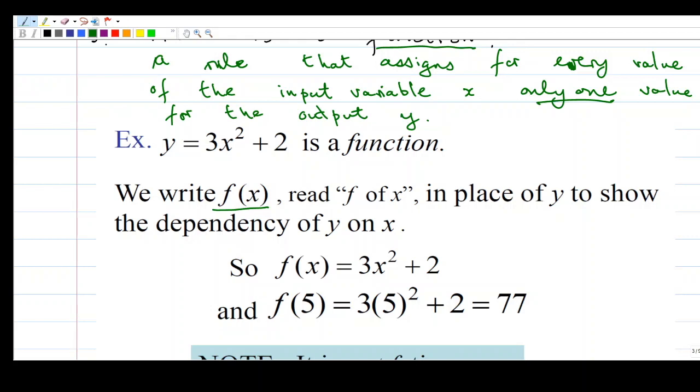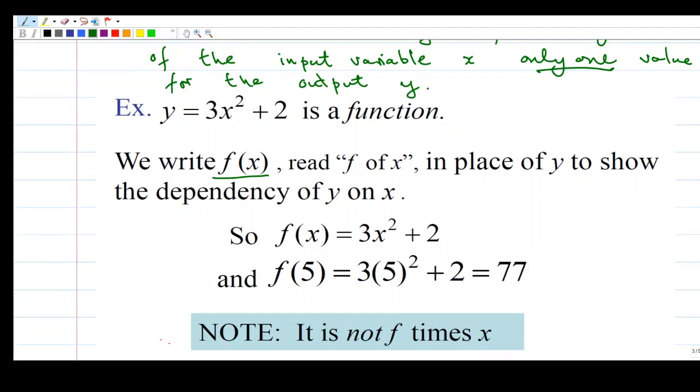So f of x is equal to 3x squared plus 2, and f of 5, you'll have to replace wherever x appears by 5. So f of 5 is equal to 3 multiplied by 5 squared plus 2, and you get the result. Note that this part is not f times x.